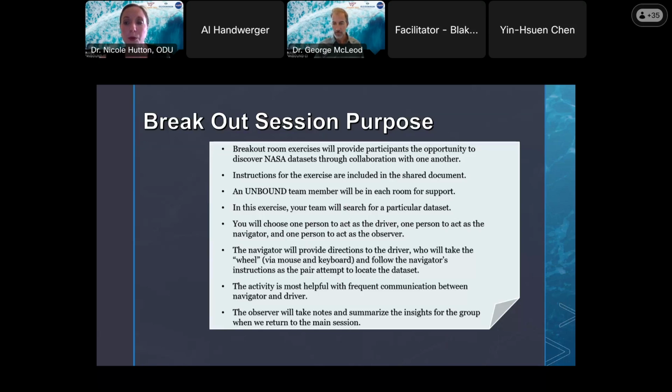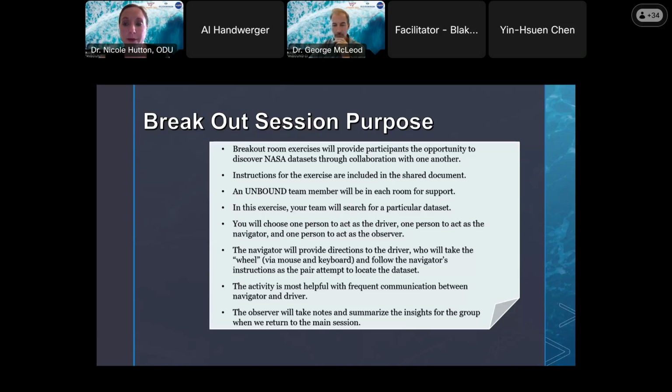The navigator will provide directions to the driver, who will take the wheel via mouse and keyboard and follow the navigator's instructions as the pair attempts to locate the data set. This activity is most helpful with frequent communication between the navigator and the driver, as well as input from the rest of the participants.